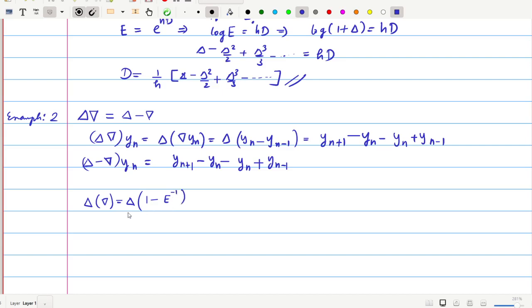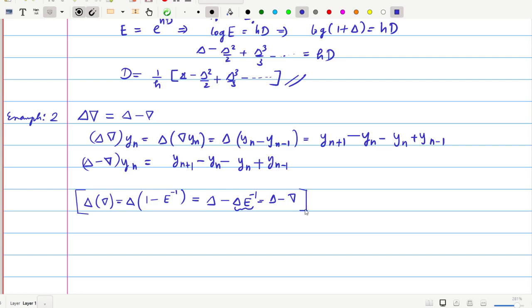We have already proved this result; this is the relation between del and E. So that is equal to delta of 1, that is delta itself, minus delta of e to the power minus 1, that is equal to delta minus del. We have already proved the relation between delta, del and E, as this quantity is nothing but del. So delta del is the same as delta minus del.